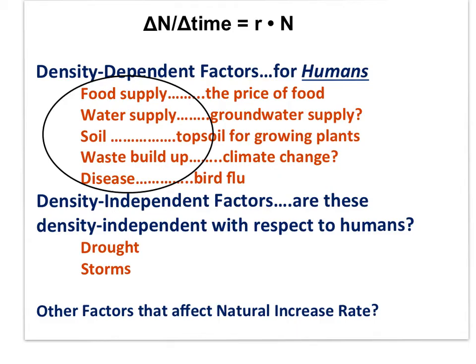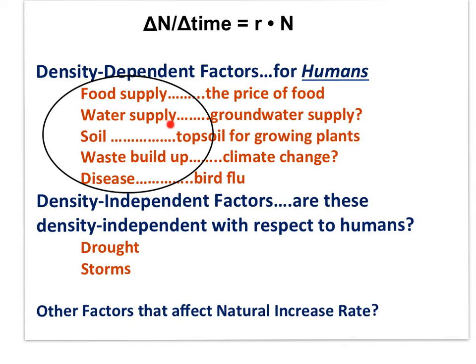So here are some of the factors that might limit human population growth, the factors that, in essence, are the implications of exponential growth. Food supply depends on the quantity of available food as well as the price of food. If there's a shortage, the price goes up, and some people may not be able to afford what they need.